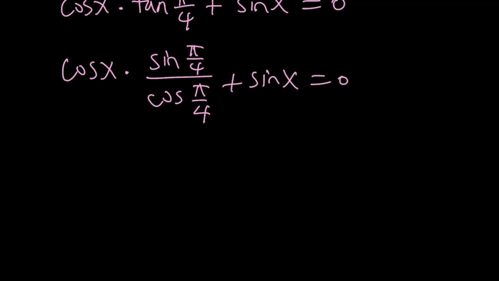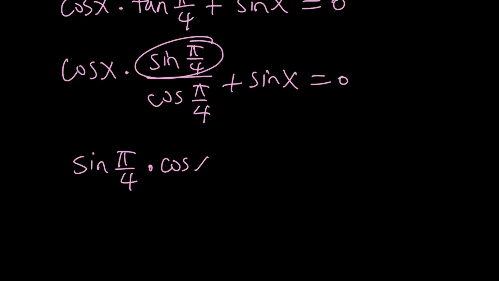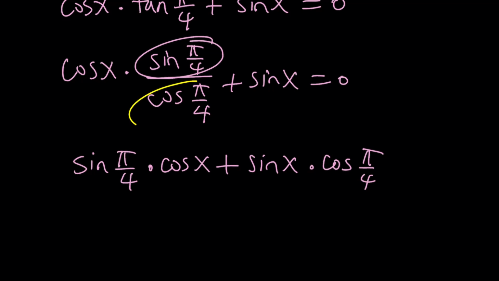So now we can multiply both sides by cosine of pi over 4 because it's not 0. And when we do, I'm going to write this first because I want to turn this into something that looks familiar. So sine pi over 4 times cosine of x plus sine of x times cosine of pi over 4. So we multiply both sides by this, okay? And that's still equal to 0.